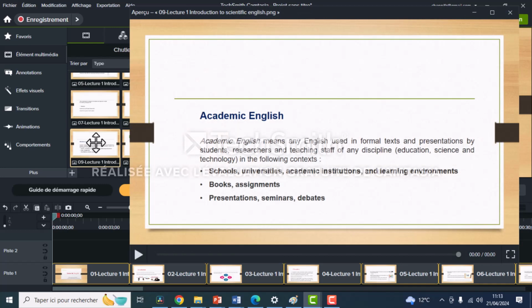When we speak about academic English, it means any English used in a formal context, for example, in texts and presentations, by students, by teachers, by researchers of any discipline, education, science, and technology. For example, at university, in school, using English writing or reading books, in presentations, seminars, and debates.